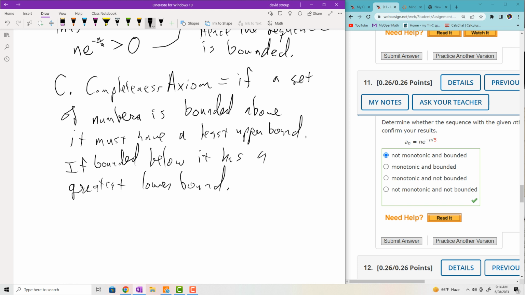So what does that mean? Take the sequence a sub n equals 2/3 to the n. Okay. This thing is definitely bounded below by anything that's negative. Okay.